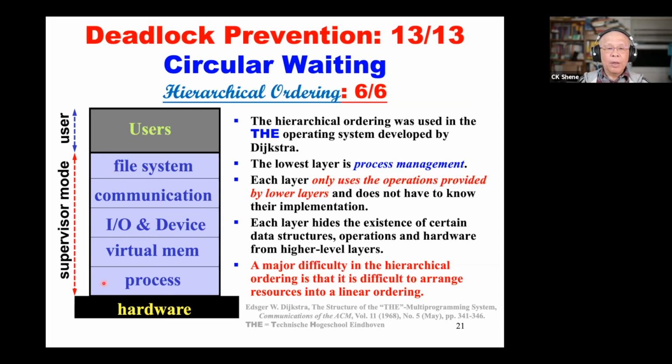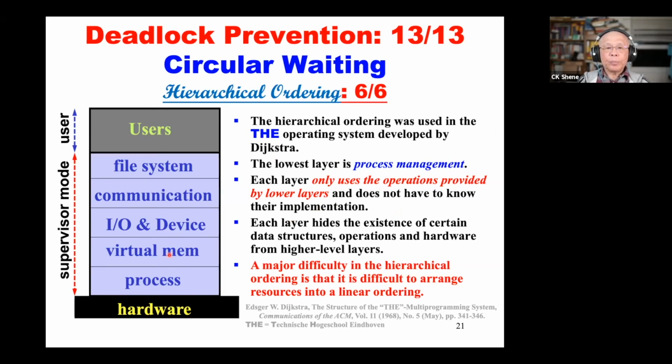These 5 layers are in supervisor mode. And the users at the highest layer are in the user mode. So the hierarchical ordering goes as follows. Each layer only uses the operations provided by lower layers and does not have to know their implementation.